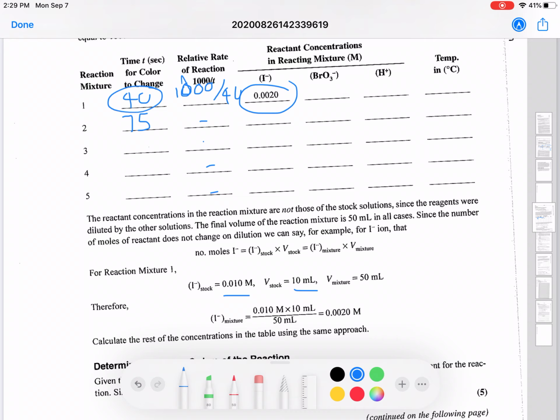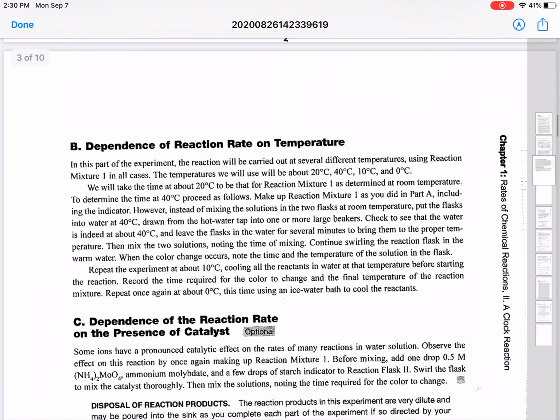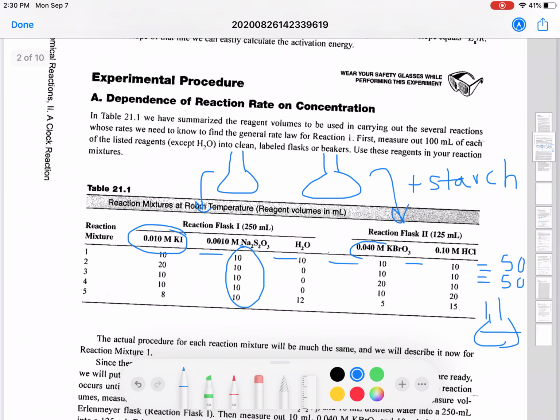Similarly, you have to calculate the concentration of bromate in the 50 milliliter sample. So you refer to the table, potassium bromate. You go over here and find the potassium bromate, 0.04, and for the first reaction mixture you take 10. So M1 is going to be 0.04, V1 is 10, and V2 is 50, and then you can find the M2, the concentration of potassium bromate.